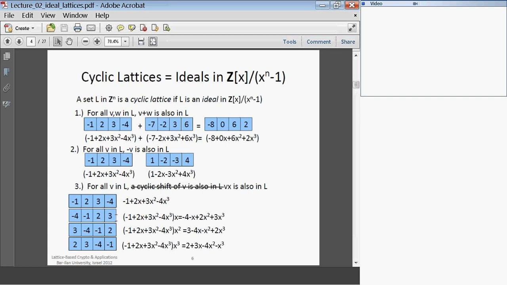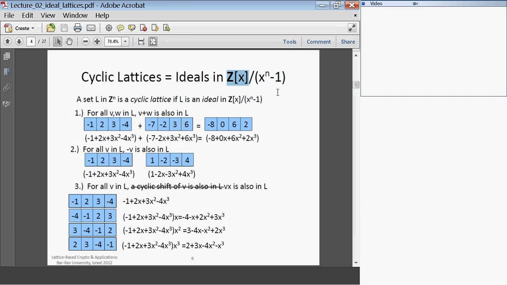And interestingly enough, this type of definition of cyclic lattices is equivalent to ideals in polynomial rings of a certain type. So in other words, these cyclic lattices can be represented as polynomials, where the coefficients are taken from the set of integers, and where we perform the division by x to the power of n minus 1.